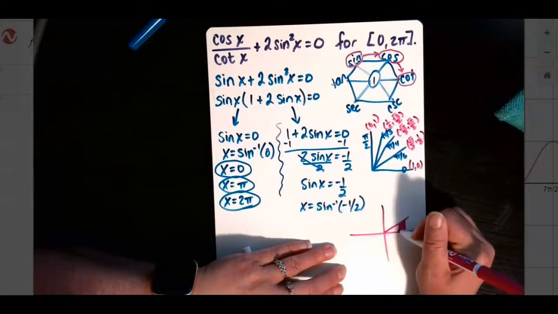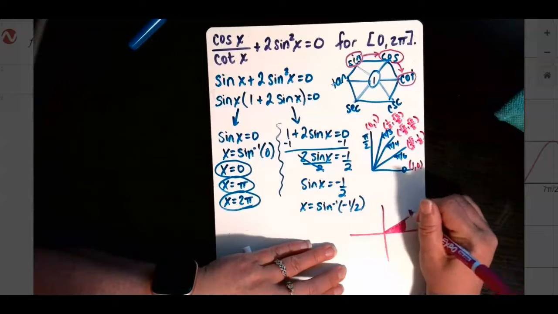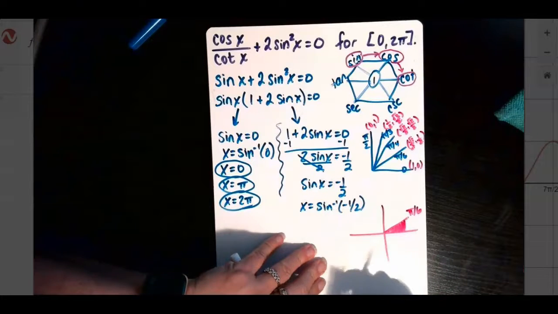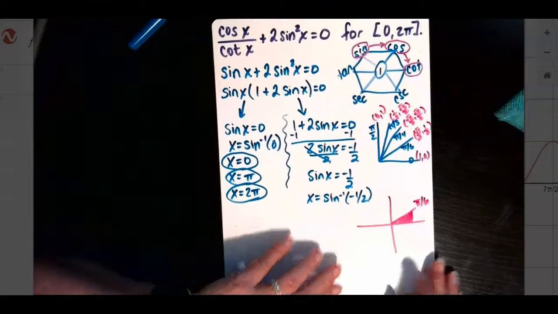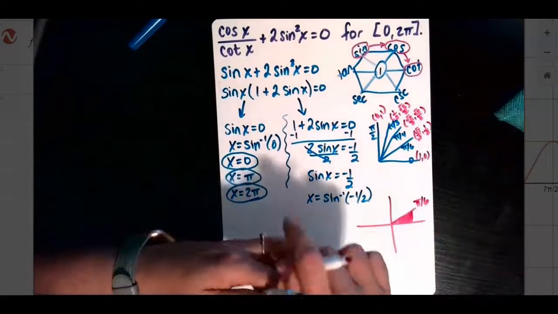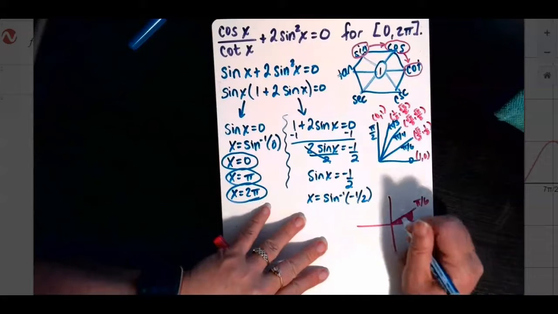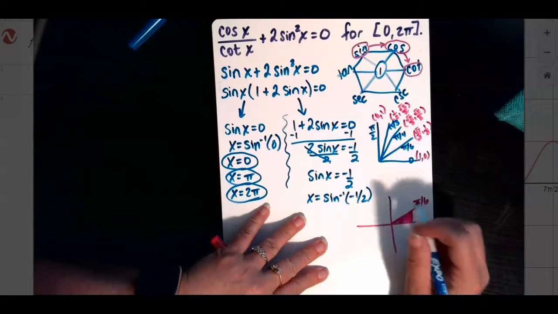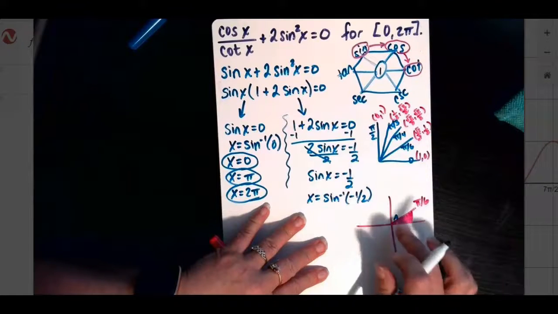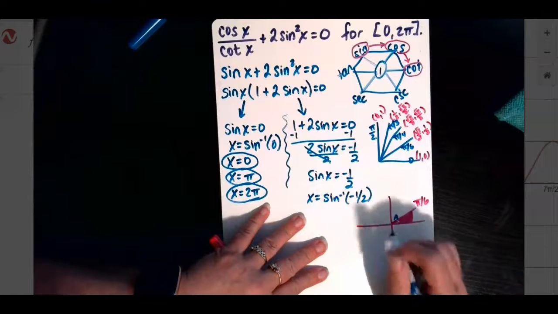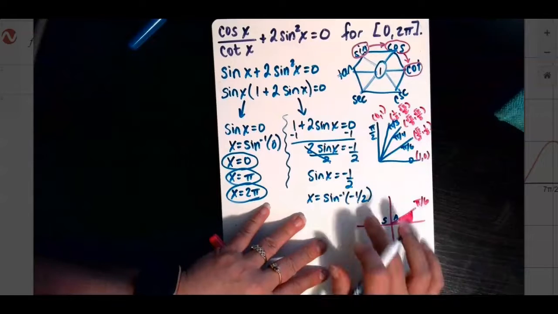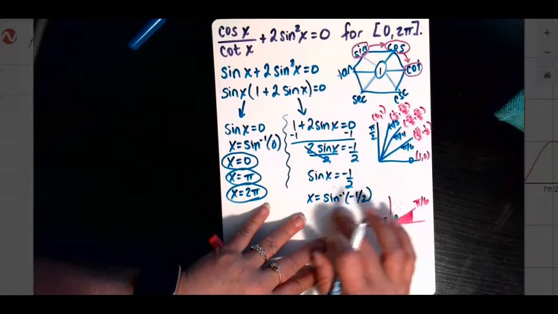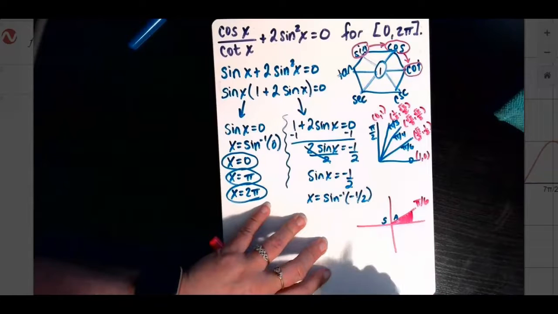That reference angle is not one of the solutions, right? It can't be a solution because sine is positive in quadrant 1, but it's the reference that we're going to use to find the solutions. So if you remember that acronym, all students take calculus. The A stands for all the trig functions being positive in quadrant 1. S means sine and its reciprocal are positive in quadrant 2, so there will not be a solution for us in quadrant 2.